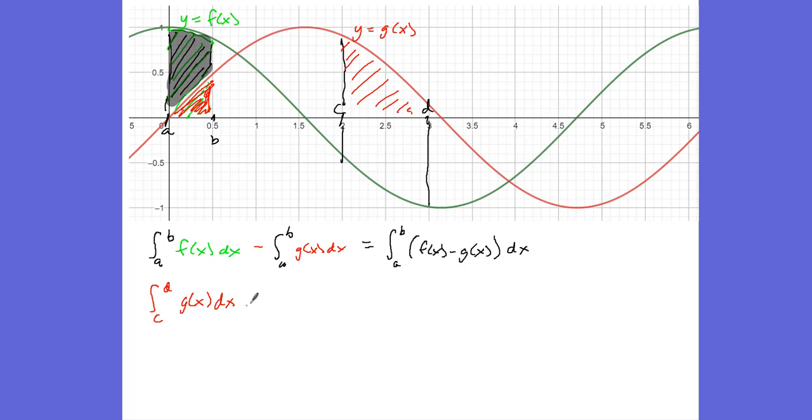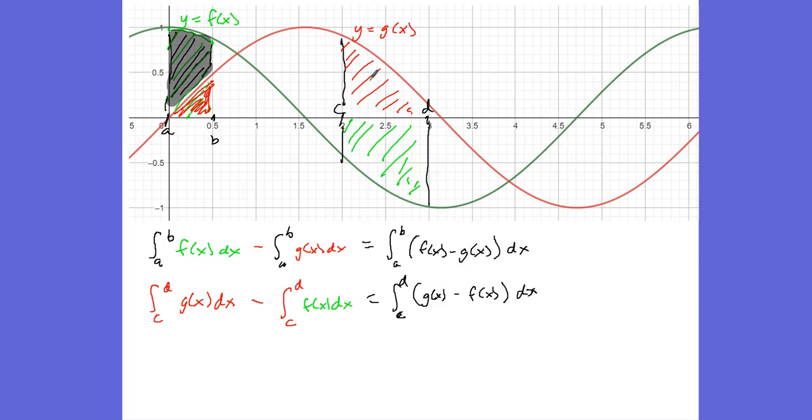And we're going to subtract the lower function, which is f of x, from c to d, and that would be this negative area right here. So that is the integral from c to d of g of x minus f of x dx, and that would give me my area.